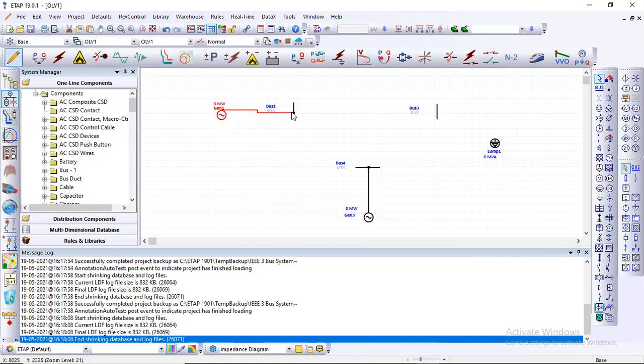Select to connect this one, and also extend the bus bar like this one, Control R like this, and further extend the bus bar and connect the lump load to the bus bar.